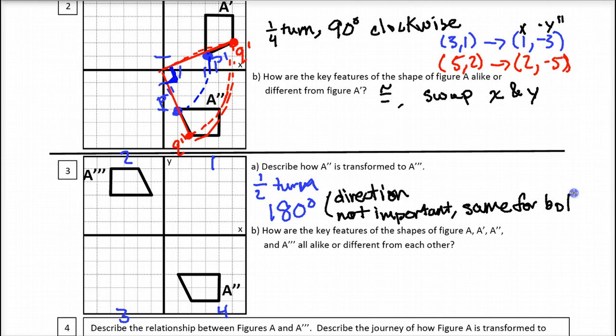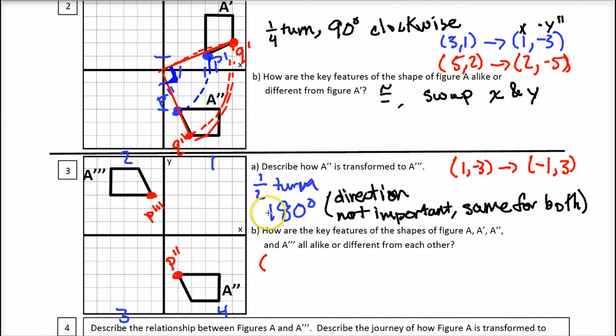Now I want to look at these numbers, because these numbers are definitely different. So I got red. If I were to pick that, this was P double prime, and it's now going to P triple prime. Let's see what those are. That was at 1, -3 going to -1, 3.